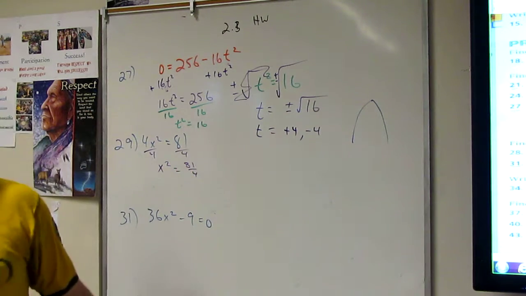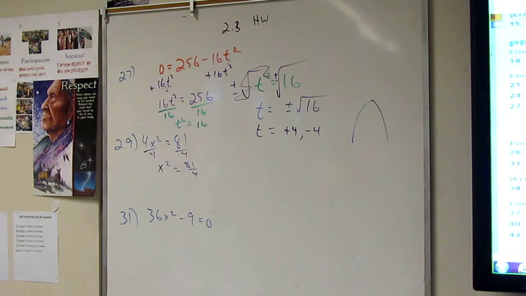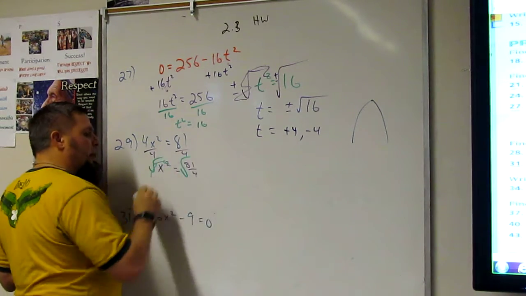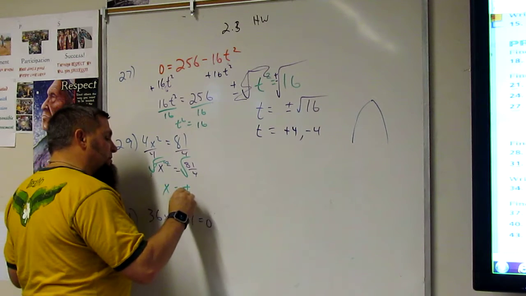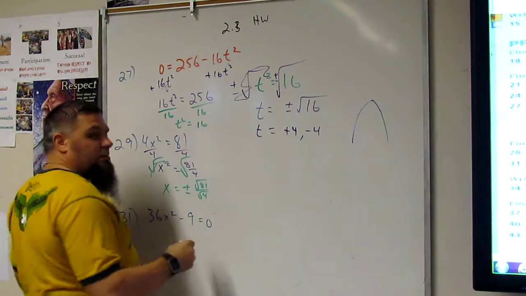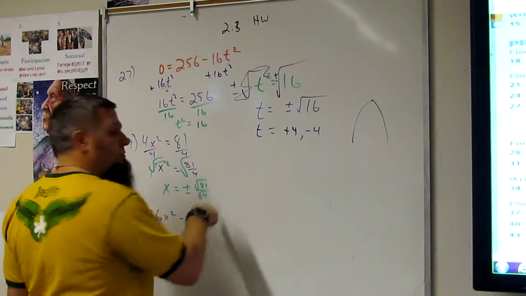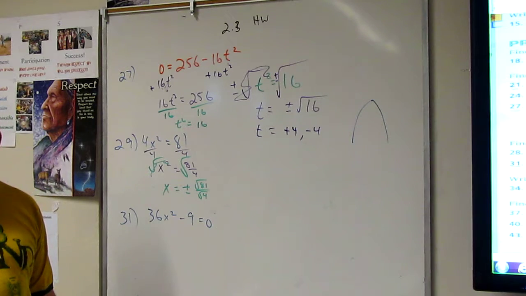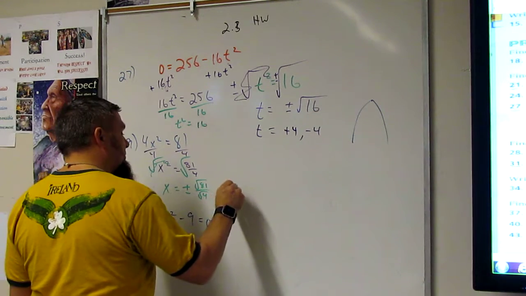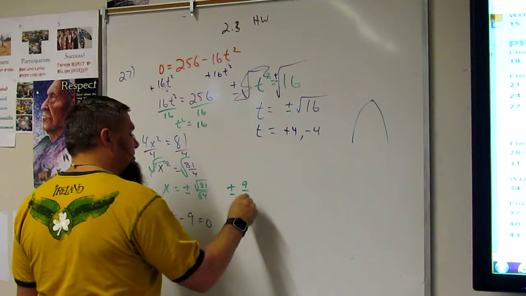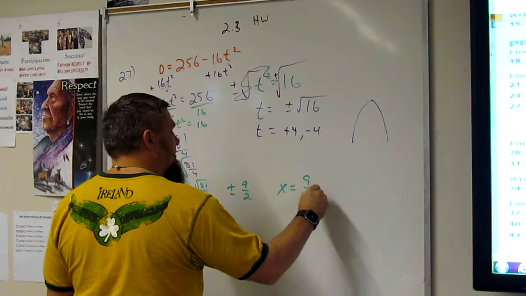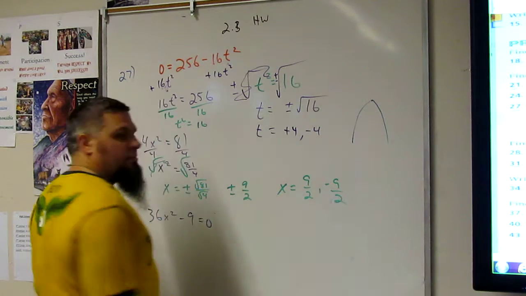I'm not going to figure out what that is, because when I find the square root, then x is equal to plus or minus the square root of 81 over the square root of 4, which is plus or minus 9 over 2, which means x is equal to 9 over 2 and negative 9 over 2.